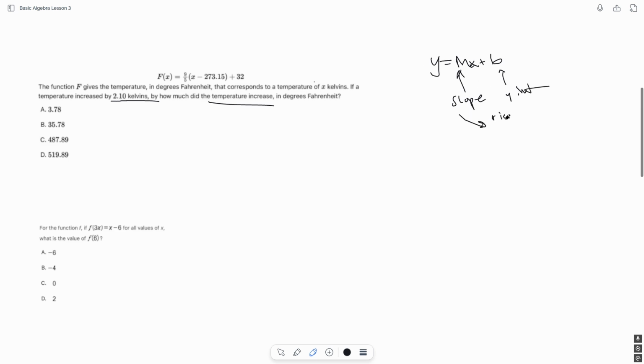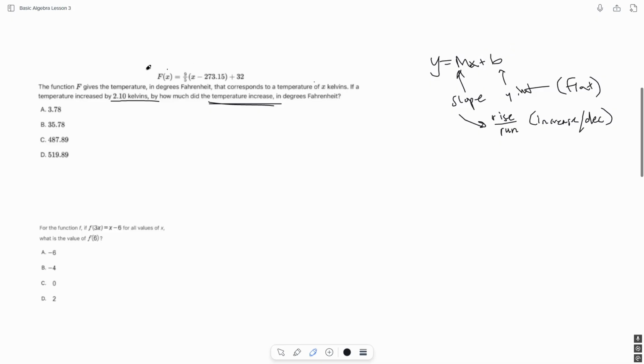Slope is just rise over run, right? Which is your increase or decrease amount. And this is your flat amount. So if they're asking for increase, they only want to know this number because this number doesn't change, right? If you're changing x, this never changes.